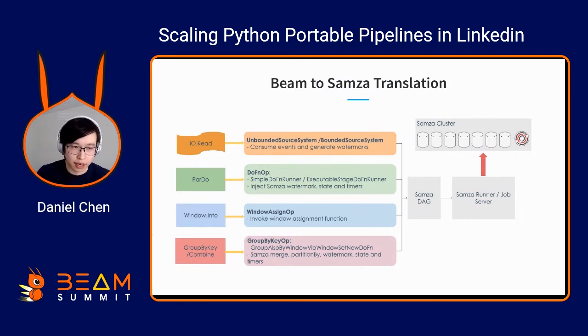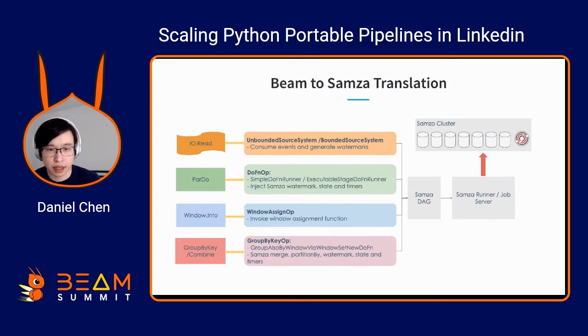So for I/O, we have a very equivalent concept in Samza, which is the system consumers and system producers. As I mentioned in the ecosystem slide, we are consuming from a large variety of different topics and can produce to a large variety. So this is pretty much covered.